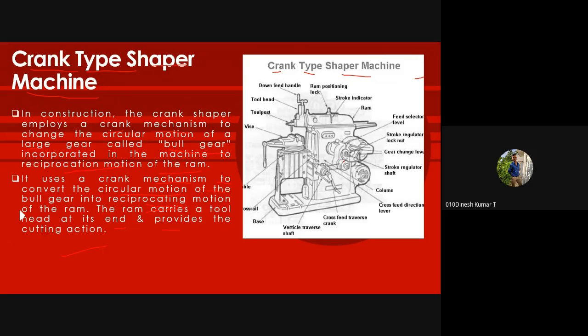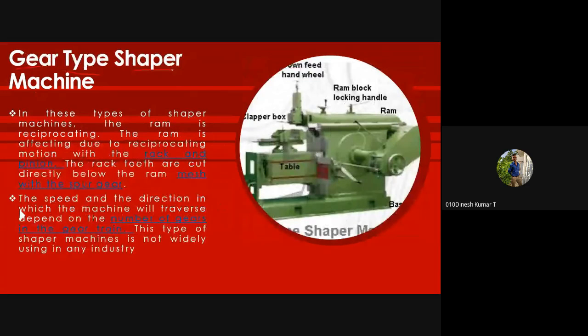Okay, let's move on to the gear type shaper machine. In this type of shaper machine, the ram is reciprocating due to the crank, rack, and pinion gear setup. The rack teeth are cut directly below the ram and mesh with the spur gear.